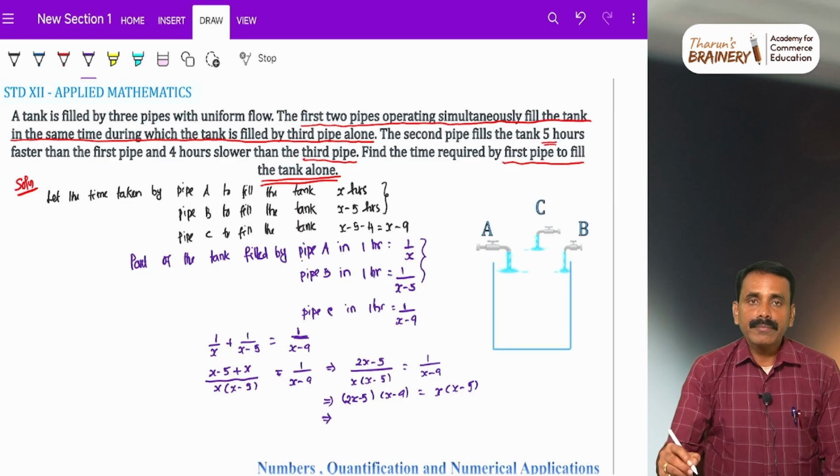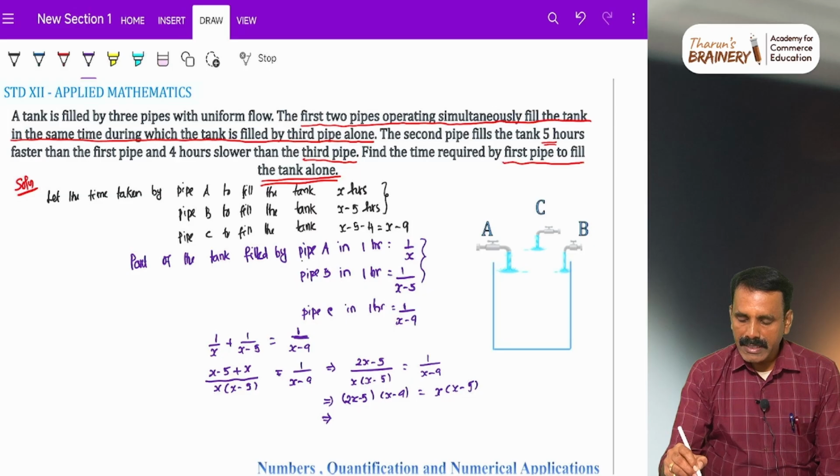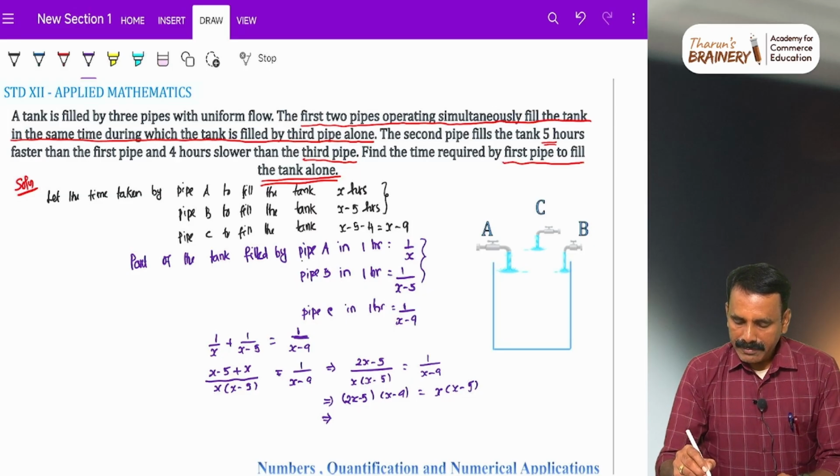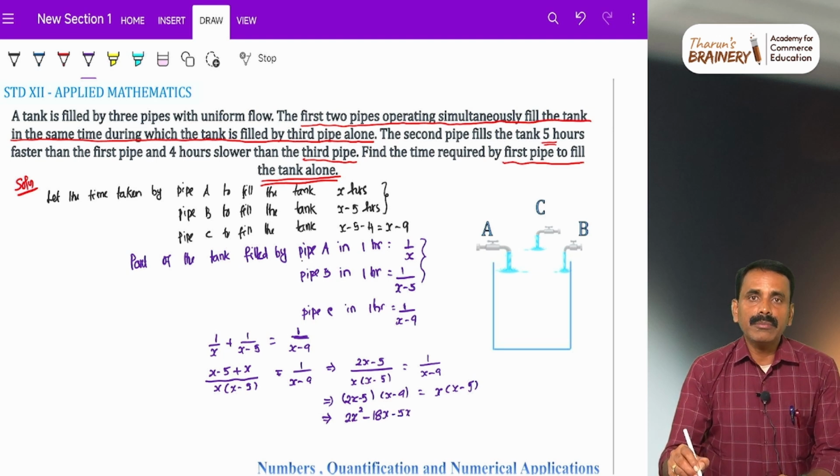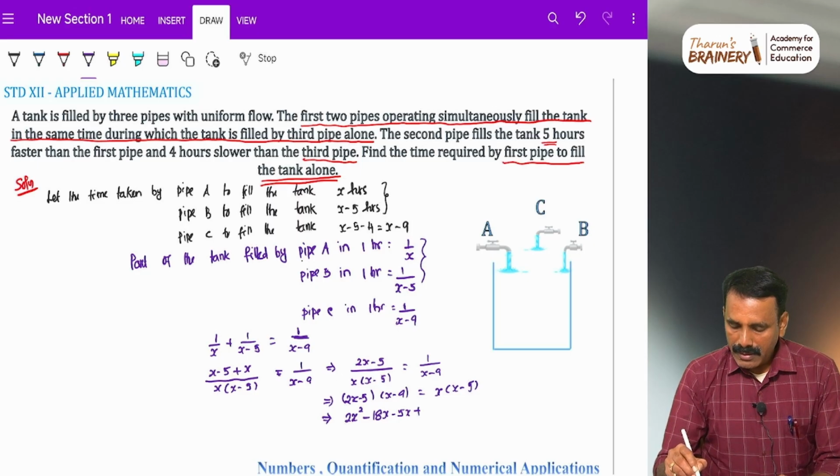Now we multiply 2x minus 5 into x minus 9, which is equal to x into x minus 5. So we multiply 2x into x, 2x square, minus 2x into 9, it is 18x, minus 5 multiplied with x, minus 5x, minus 5 into minus 9, it will be plus 45 equal to x square minus 5x.